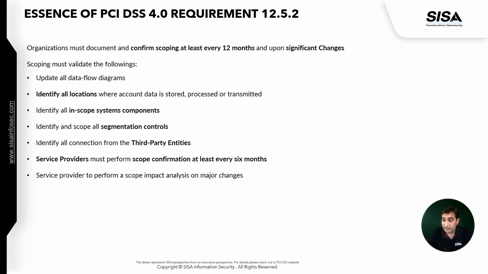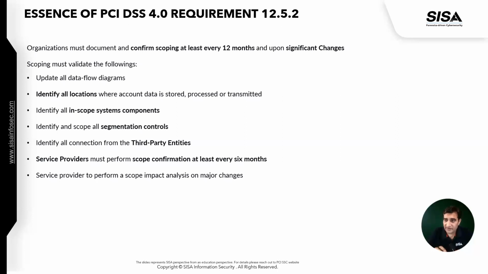Moreover, these requirements are for merchants. What if you are a service provider? You need to formally perform a PCI DSS scoping every 6 months. And it is not only periodic, it is also required on any kind of significant changes. That is a very subjective term.